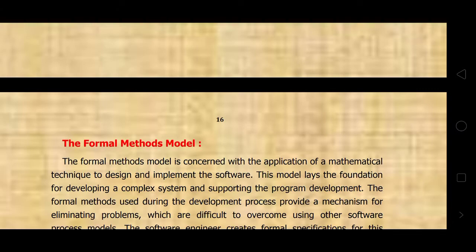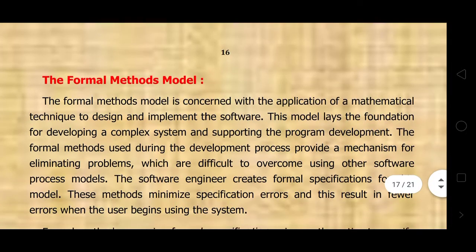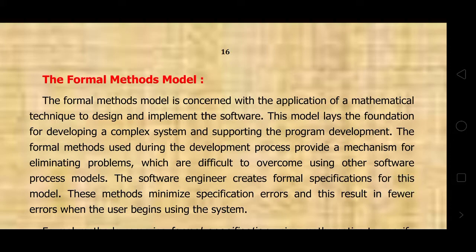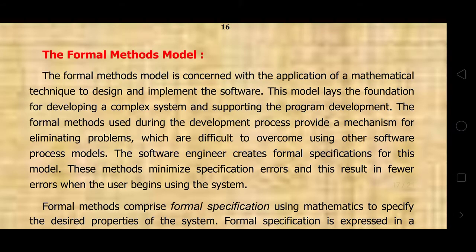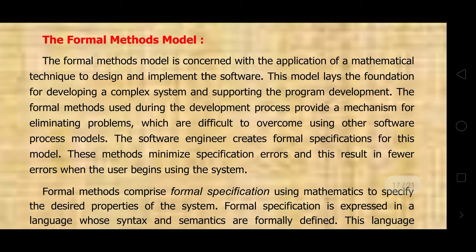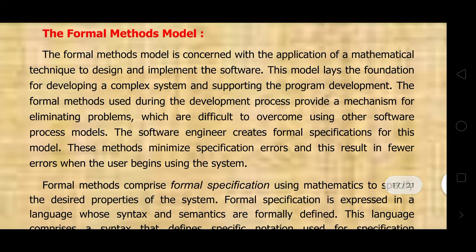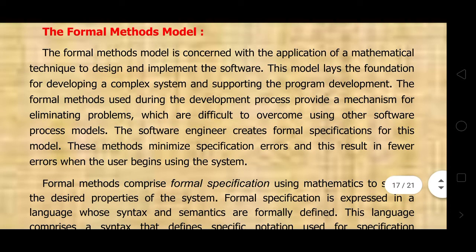Formal method model. In the formal method model we use mathematical techniques to design the implemented software. The development process provides a mechanism for eliminating the problems which are difficult to overcome using other software process models.